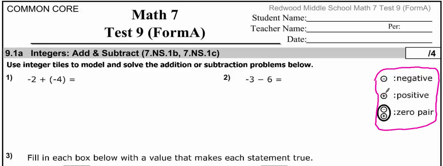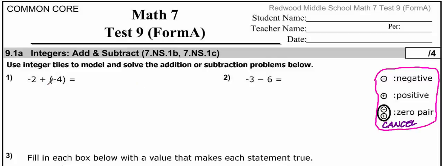We're showing the positive numbers as positive signs inside a circle, or you can just show them without the circle. And we're showing zero pairs as a combination of a negative and a positive, and they cancel out. So anytime you have that zero pair, the key thing to remember is they cancel each other out.